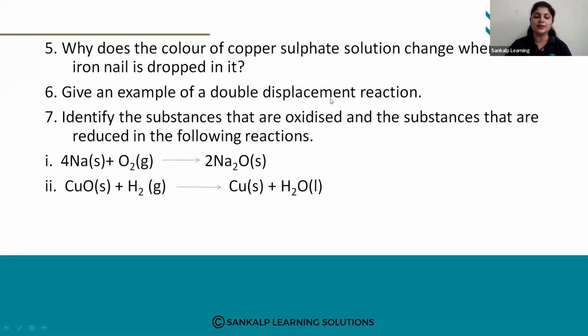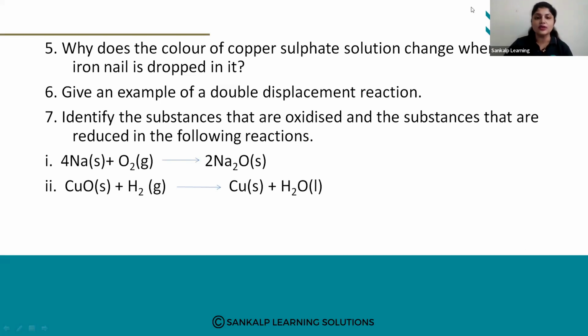Because in a displacement reaction the more reactive metal displaces the less reactive one. Here iron is more reactive than copper. So the color of the copper sulfate solution changes.